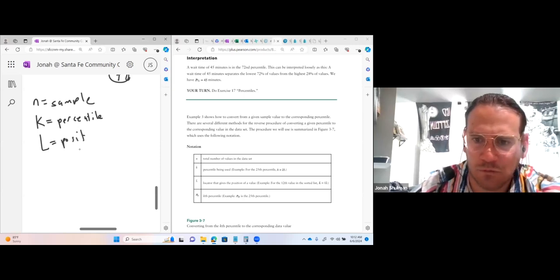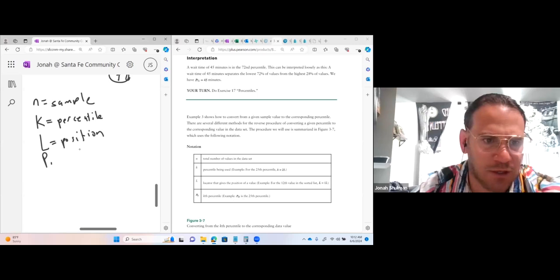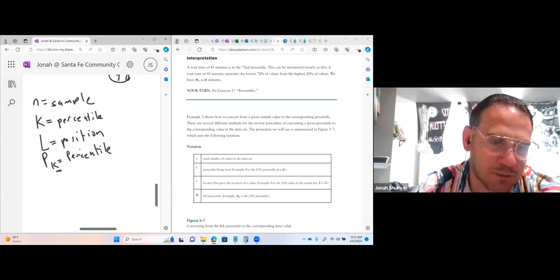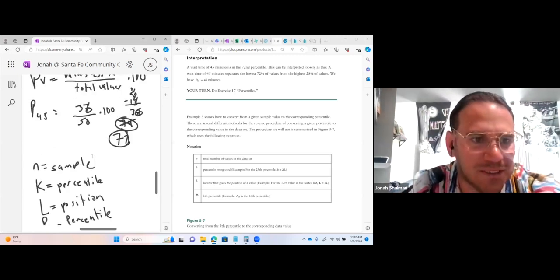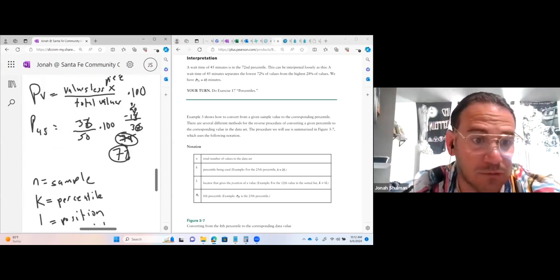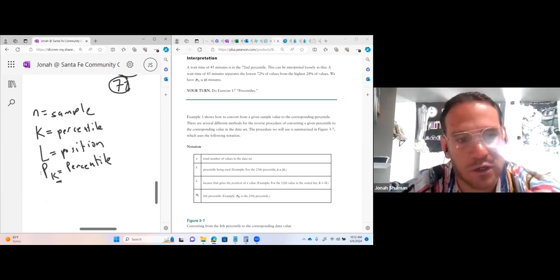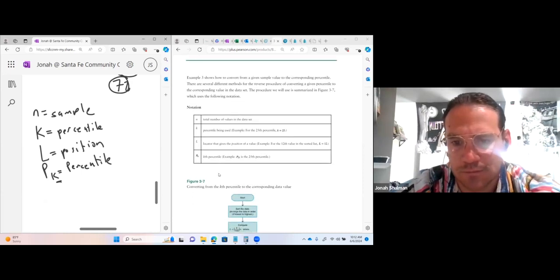Okay, haven't seen that one before. And then we have P of K, which gives us the percentile. I use the subscript. A lot of times we use subscripts just because they make stuff easier. Like I didn't even know that it was going to be 45, because I want to see this just like you're seeing it in this book. I haven't used this book before. So P of K, it's just how usual notation in math works.